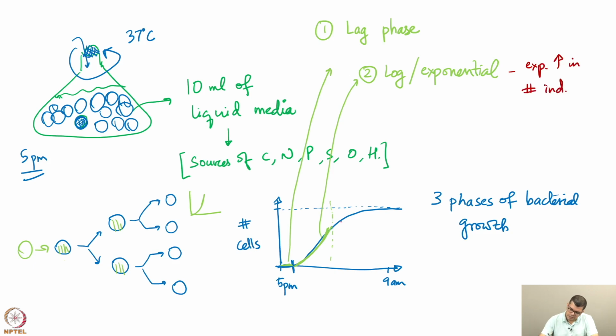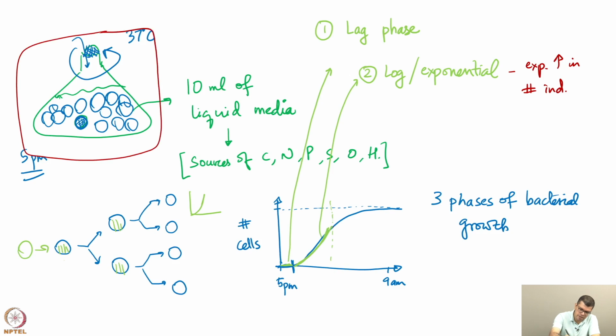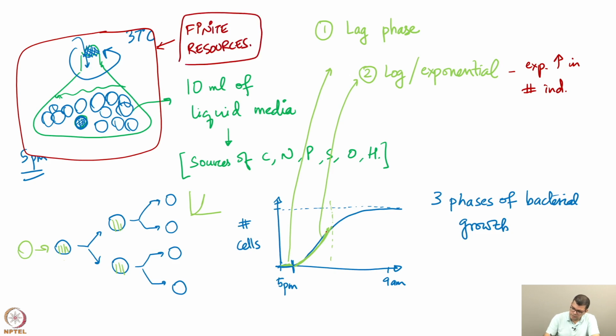However, this exponential growth cannot be sustained forever, because this is an environment in which we are doing this experiment. This has finite resources. With these finite resources, when you hit the middle of the exponential phase, there are far too many cells now. They are all competing for the remaining resources.